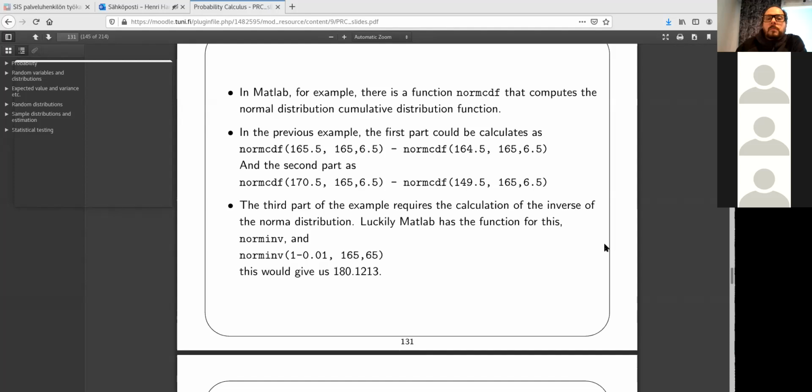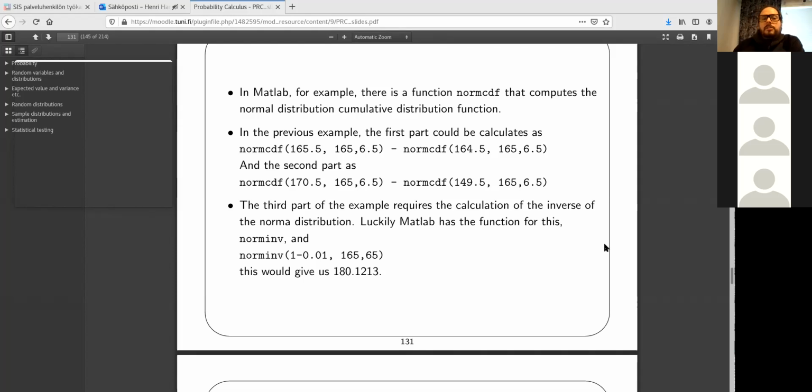Here are the MATLAB codes. So normcdf is in fact this cumulative distribution function, that theta that we were talking about in these examples. This is how we can calculate it.